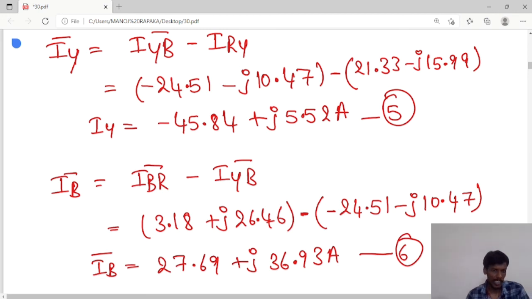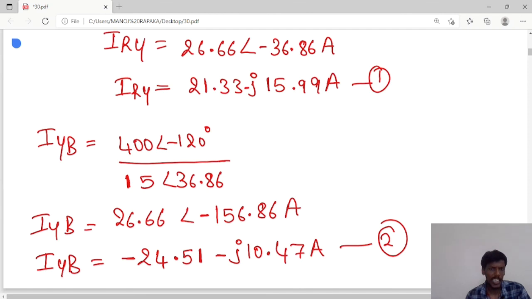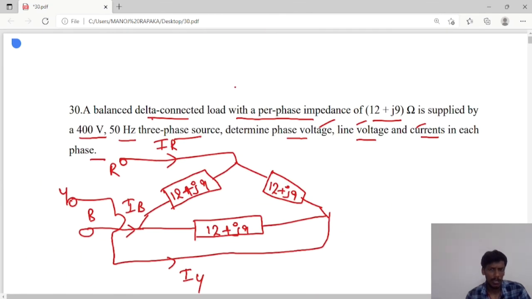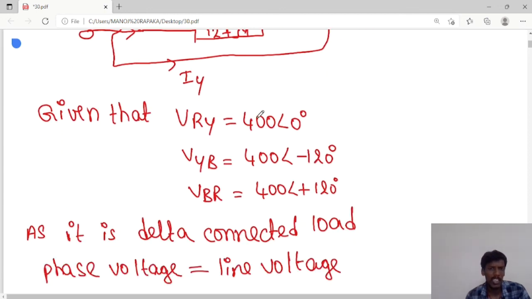So we have calculated the phase currents as well as the line currents, and we were also asked to calculate the voltages. In delta connection, phase voltage and line voltage are equal: 400 at an angle of 0, 400 at an angle of minus 120, and 400 at an angle of plus 120.